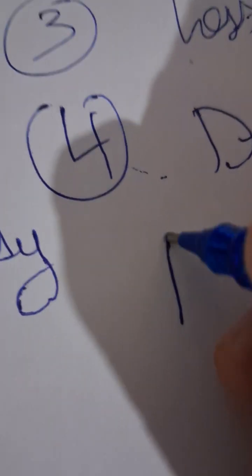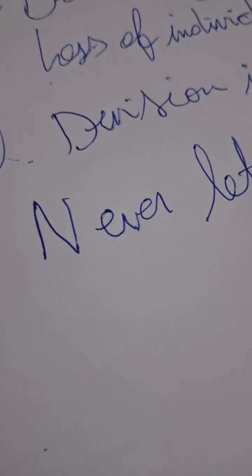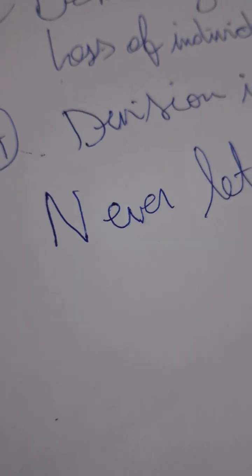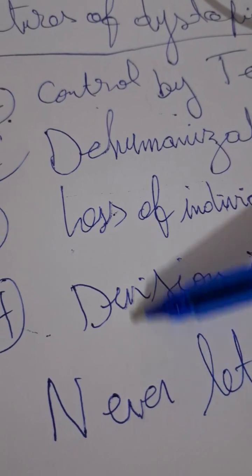As a case study to investigate dystopia more, we are going to tackle Never Let Me Go by Kazuo Ishiguro. We are going to investigate if this novel is indeed a dystopian work. How? Of course, by examining the previous features.